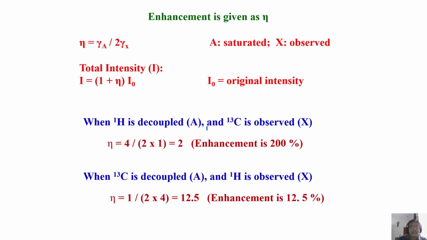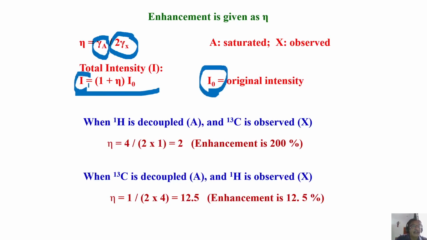So you can calculate, let us say this is the saturated spin and this is the observed spin for intensity change. Now put it into this equation. Please note down this equation. It's very important. I naught is the original intensity, and the gain in the intensity is a factor of eta, which depends upon gamma.